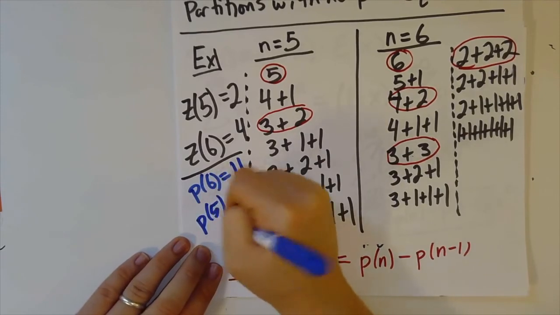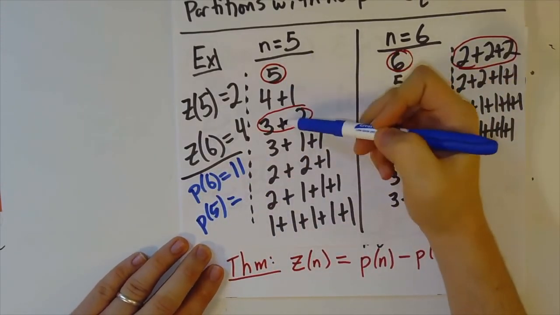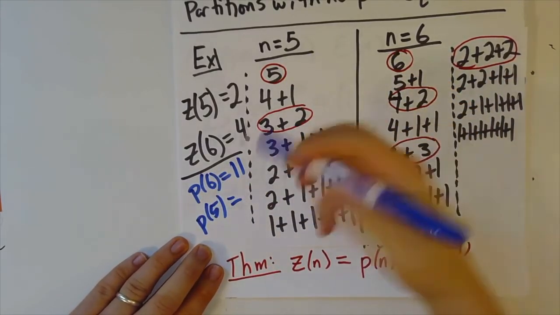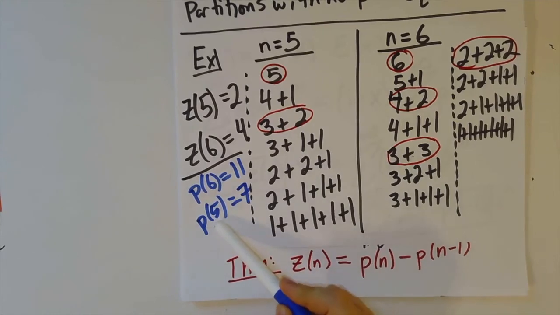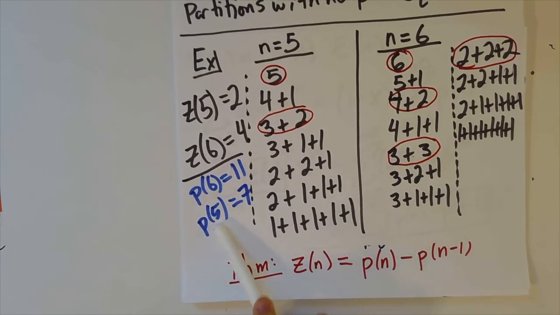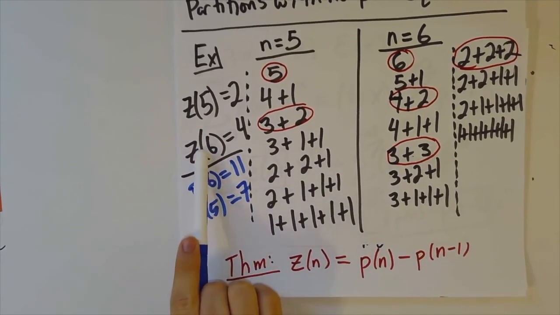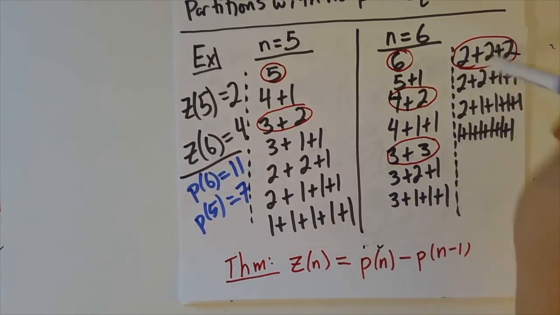And p(5) is 1, 2, 3, 4, 5, 6, 7. And so p(6) minus p(5) is 4. But that's also the same thing as z(6), which we calculated to begin with, is 4.